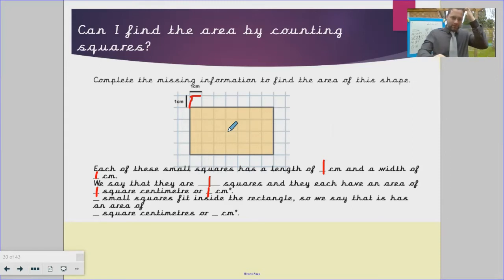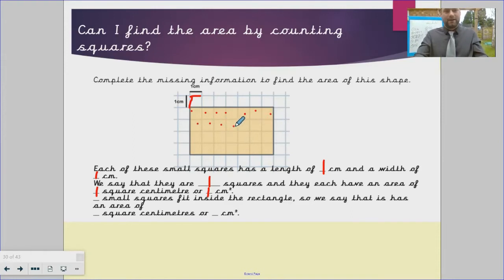You can see here that we have 1, 2, 3, 4, 5, 6, 7 squares going across the top. We're going to have another 7 going across here, aren't we?